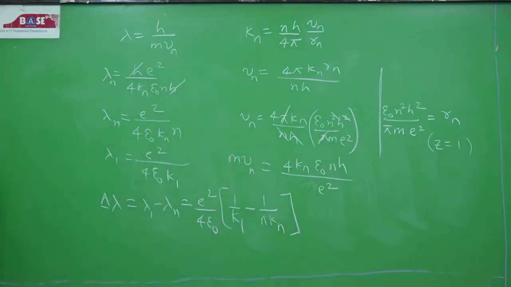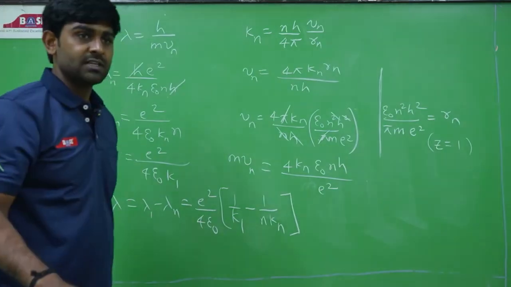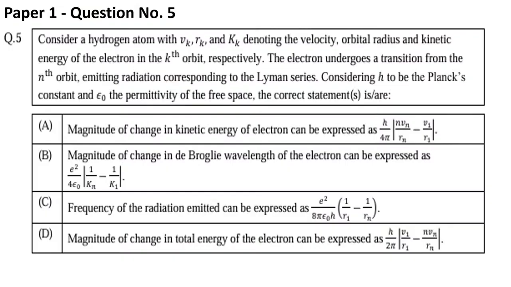But if you look at the options, they have given the change in the de Broglie wavelength as e squared by 4 epsilon naught, that's what we have, and 1 by Kn minus 1 by K1, it seems. But they are using magnitude.